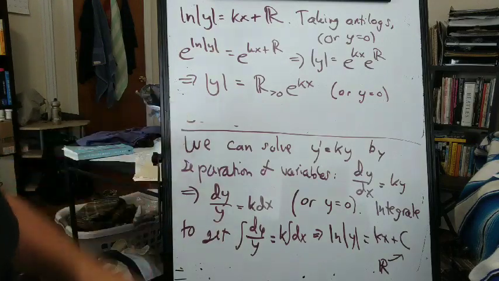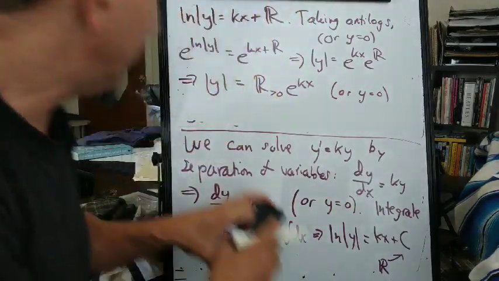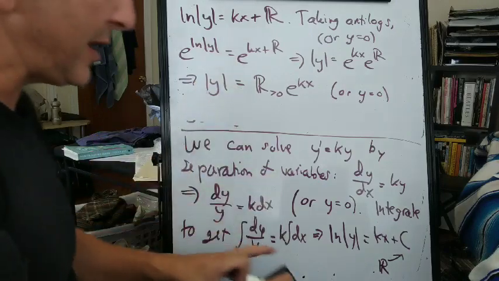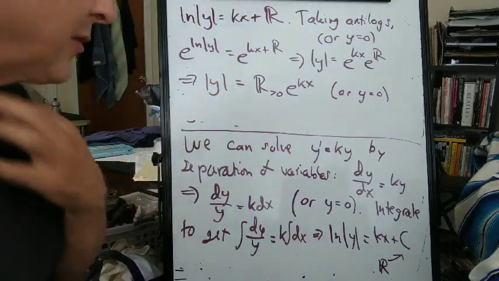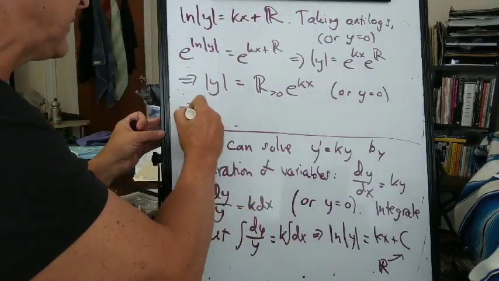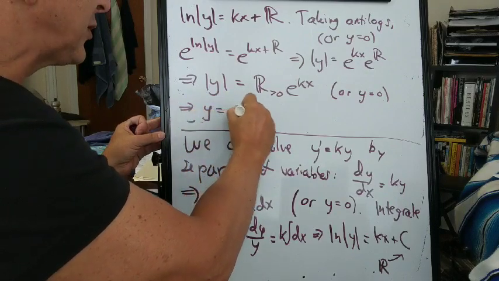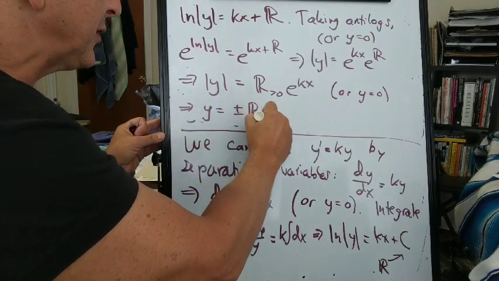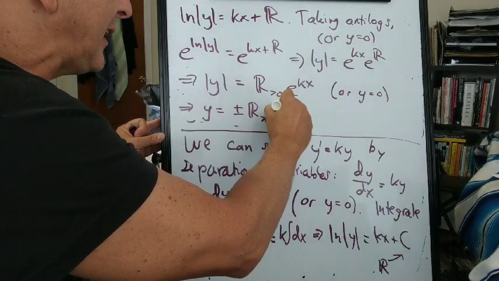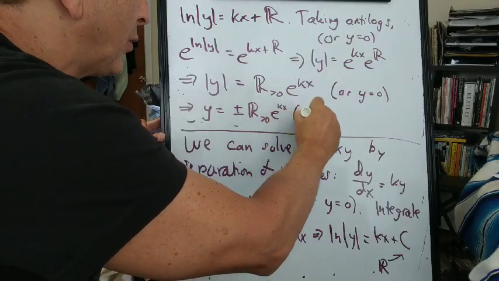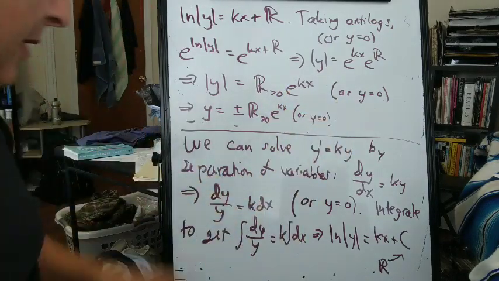Alright, now we've got to get the y out of the absolute values. So if we remove absolute values from y, we have to put plus or minus on the other side. So that means that y equals plus or minus all possible real numbers times e to the kx, or y equals 0.